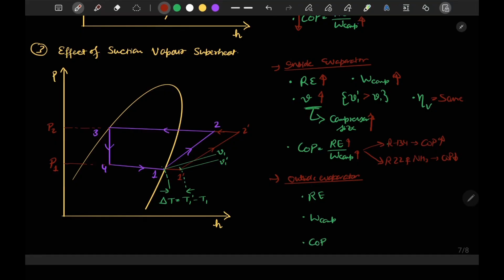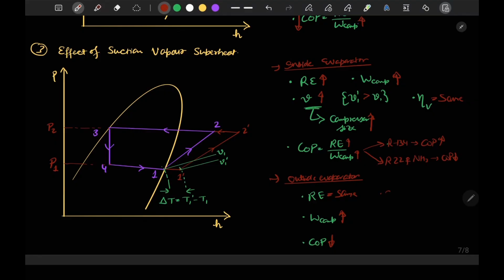If we see the refrigeration effect, it will remain the same, H1 minus H4 in both cases. Work done on the compressor will surely increase in both cases, and since our refrigeration effect remains the same and work done by the compressor increases, the COP value decreases. I hope you get all this well.